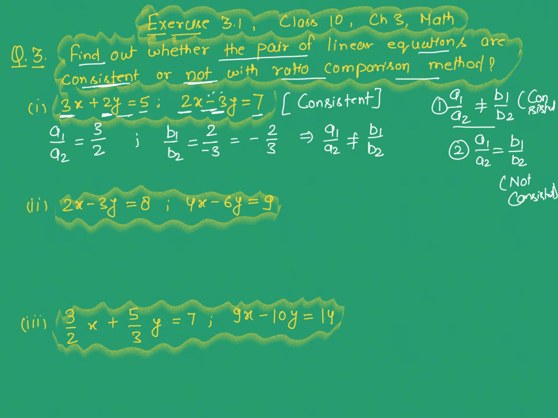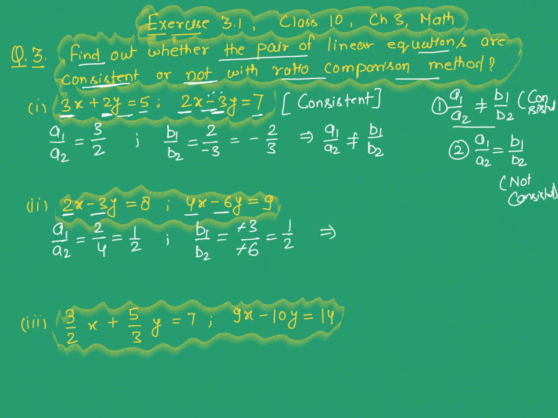अब हम अपना सेकेंड क्वेश्चन, इसका पार्ट 2 देख लेते हैं। तो पार्ट 2 में भी हमें सेम A1 बाय A2 कैलकुलेट करना है। तो A1 is 2, A2 is 4 and which is 1 upon 2. Now we'll calculate B1 upon B2. So B1 is minus 3, we take the whole number, and B2 is minus 6. So we can cancel minus with minus, and this is 1 upon 2.